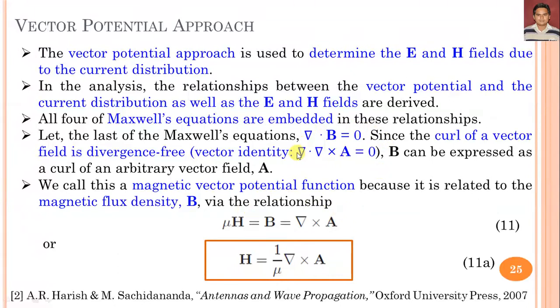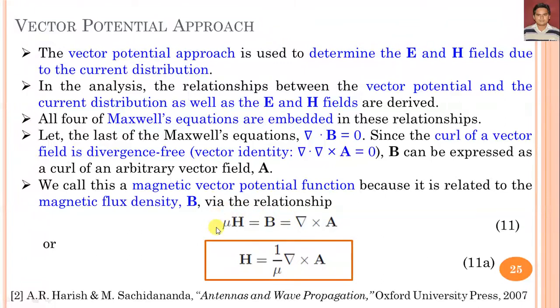By considering this identity and the Maxwell equation, we can calculate the magnetic flux density B equal to del cross A, where B is equal to mu into H, that we have discussed in lecture 2 of this series.